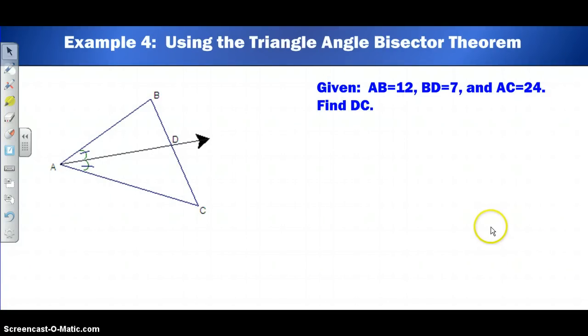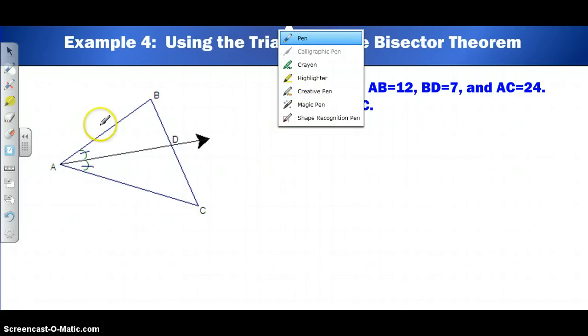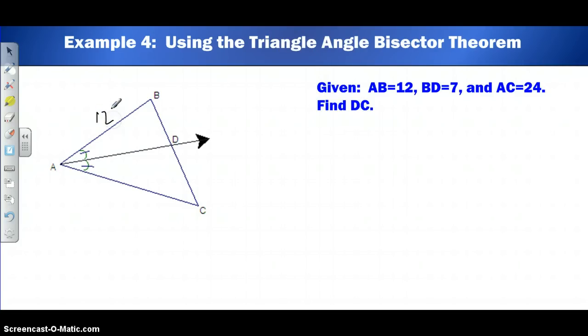So let's look at an example. I have an angle bisector here, it's AD, and we are told that AB is equal to 12, BD is equal to 7, and AC is 24, and I'm looking for DC.